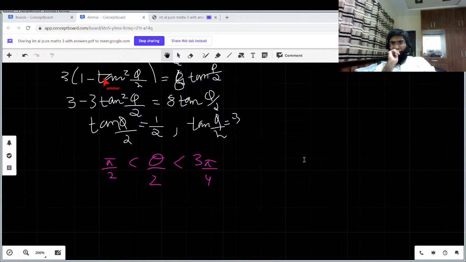It's more than 90 and less than 270. So if I do the CAST, this is pi by 2, and this is 3 pi by 4.